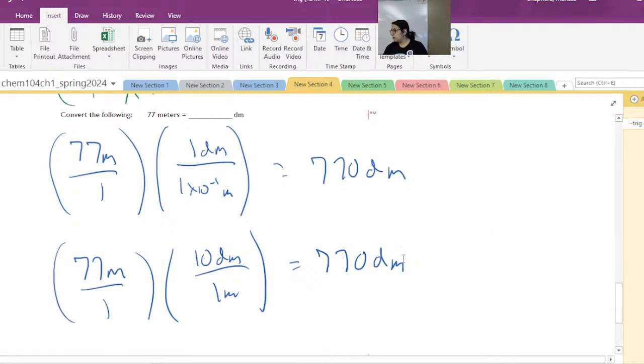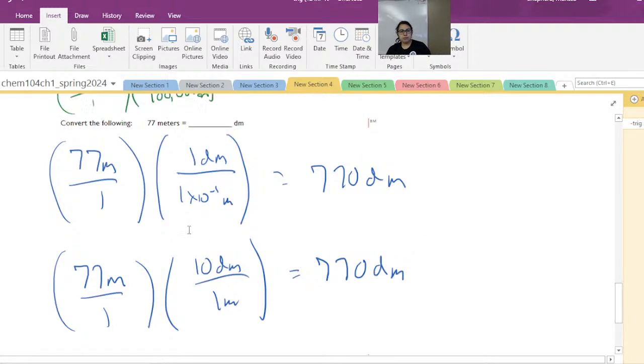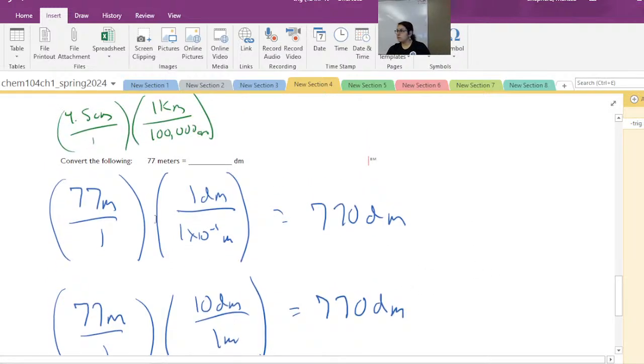Questions on this one? Can you write out the formula if you are working in scientific notation? What does that look like? We could just write that as 7.7... Or no, how would you work with that in the equation?